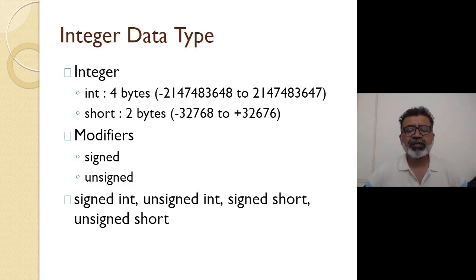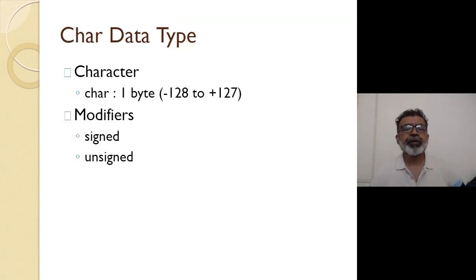So signed int, unsigned int, signed short. Short is also a data type. Rarely these are used these days. Unsigned short is there. Right? I think short takes 2 bytes of memory. If I'm not wrong, yes, short takes 2 bytes of memory these days.